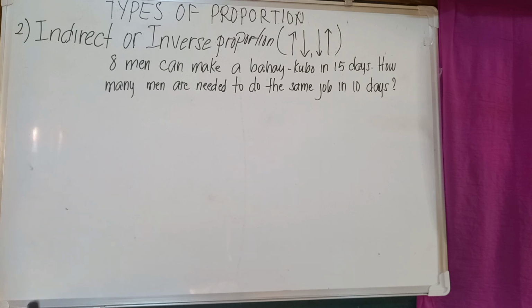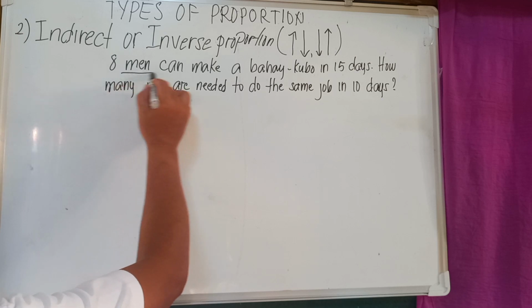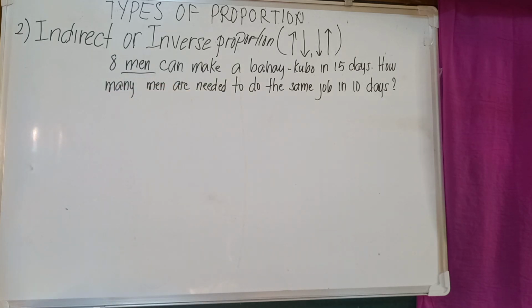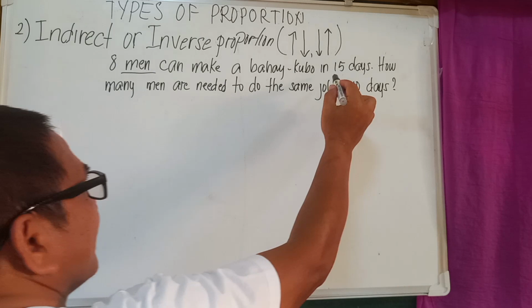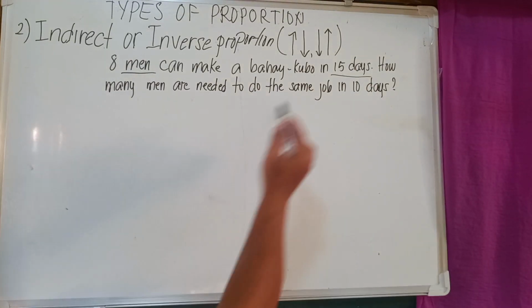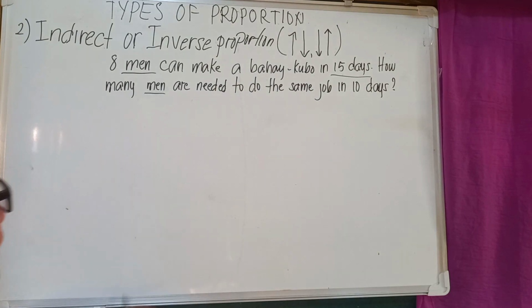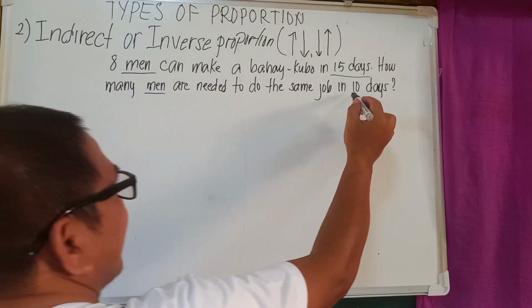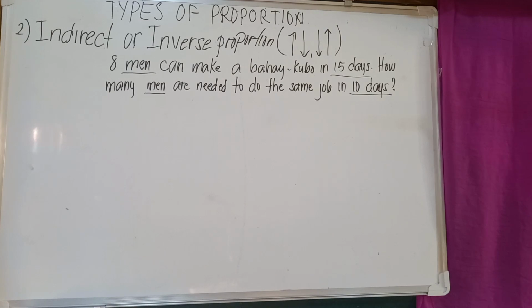Ano ba yung mga given quantities dyan? So, we have men. What else? We have 15 days. We have men. We have 10 days. So, ayan. Na-identify na natin yung mga quantities.